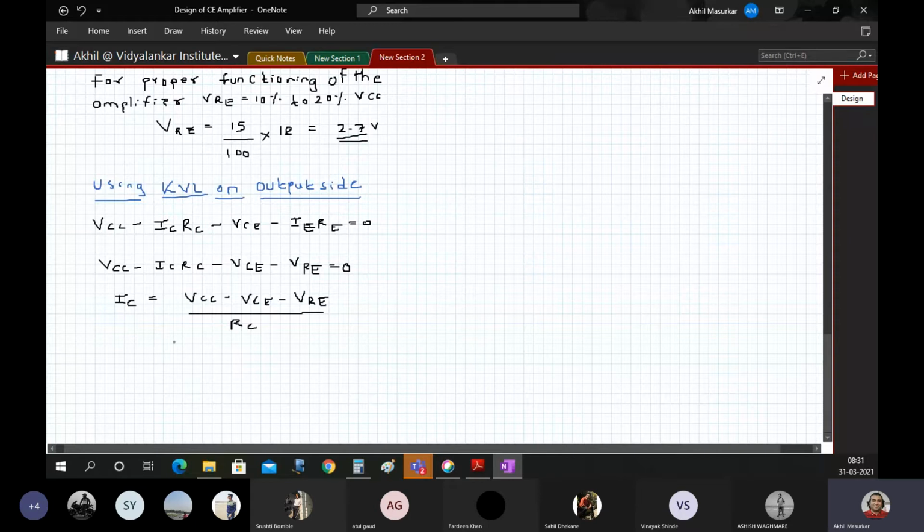So IC is nothing but VCC minus VCE minus VRE upon RC. VCC is 18 minus 9 minus 2.7 upon the value of RC we know, that is 2.5 into 10 raised to 3. Always use the selected value. So please tell me what is the answer.